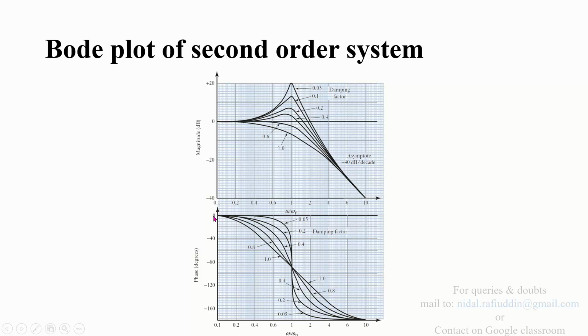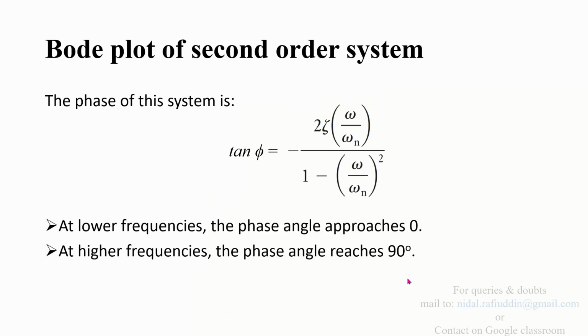Likewise, for omega much less than omega n, you have 0 degrees, and for omega much greater than omega n, in fact there is a slight correction here. We are going to approach an angle of minus 180 degrees for omega much greater than omega n. So the mistake that we committed was here. This should be 180 degrees, not 90 degrees.